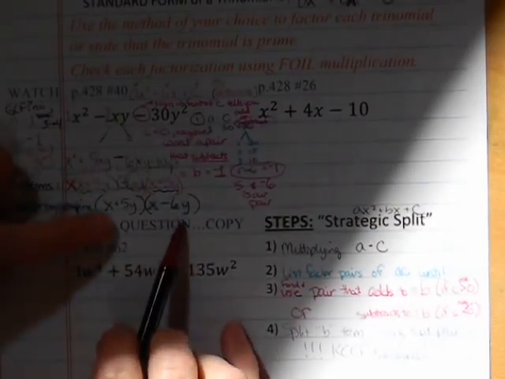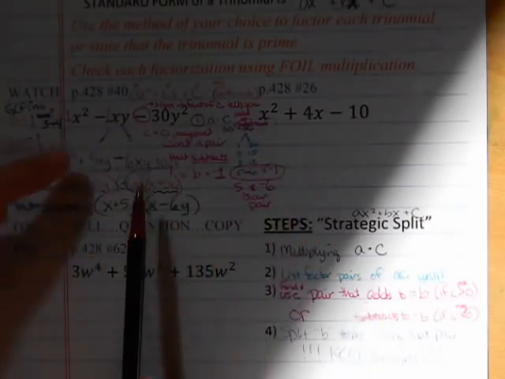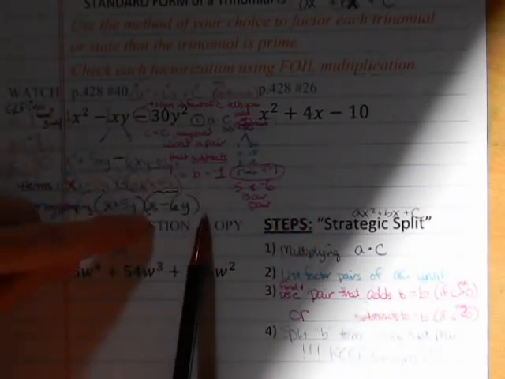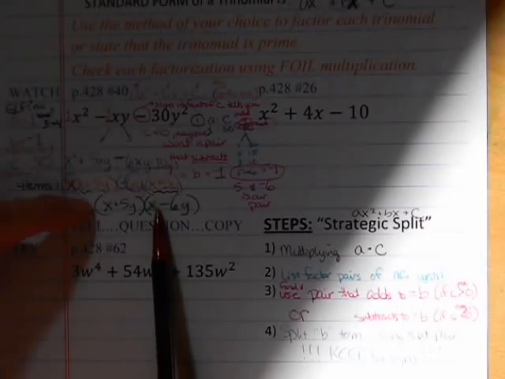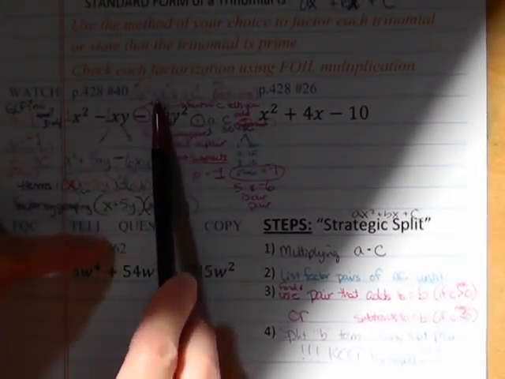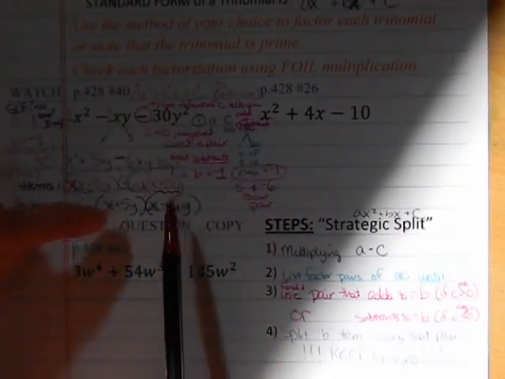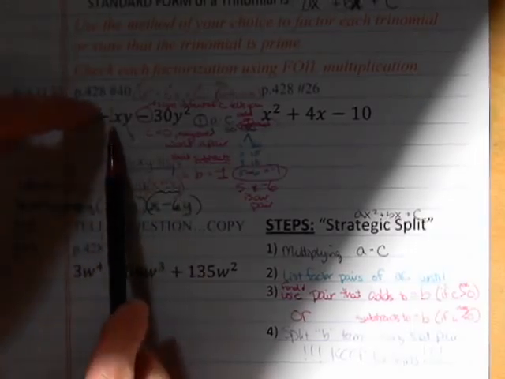And that's your factored form, x plus 5y times x minus 6y. Some of you may have been taught to draw the parentheses, put an x, and then put a y and a y, because there's a y squared as well, and then mess around with 30, all the different combinations of 30, until you get an outside-inside to match this.